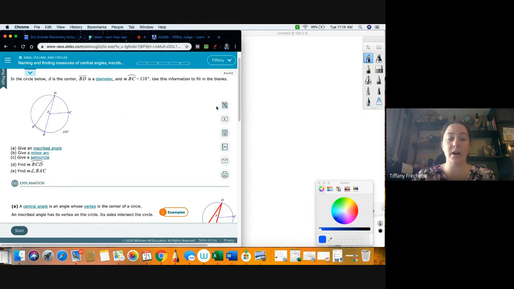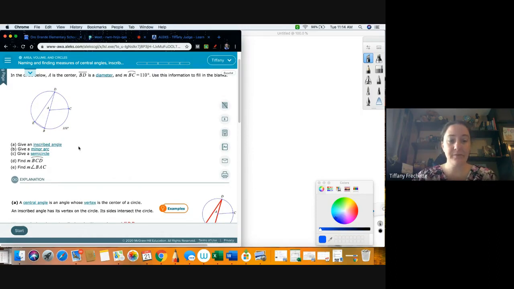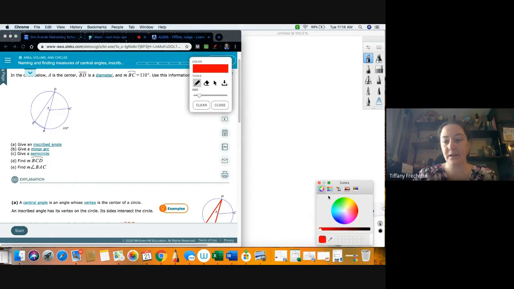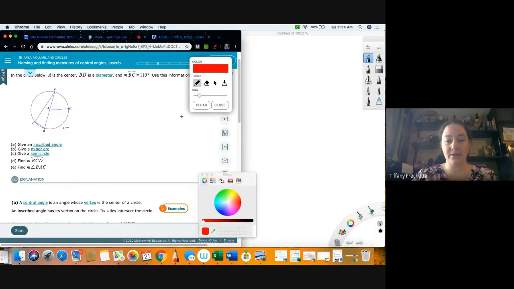There's actually a couple options on this one. A semicircle is created by a diameter, so you need the diameter in order to make that work. Here's my diameter. A semicircle is created by the arc from the diameter, like that.